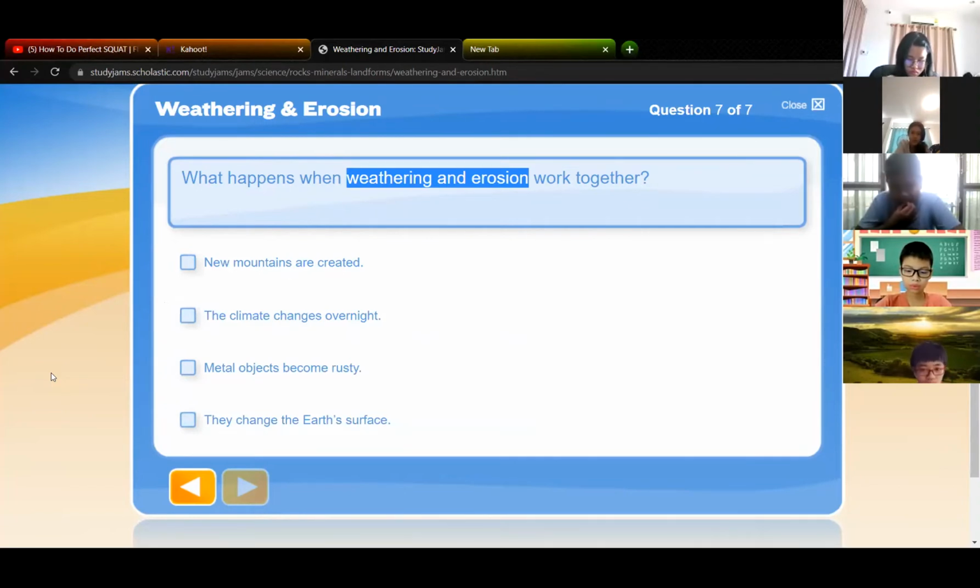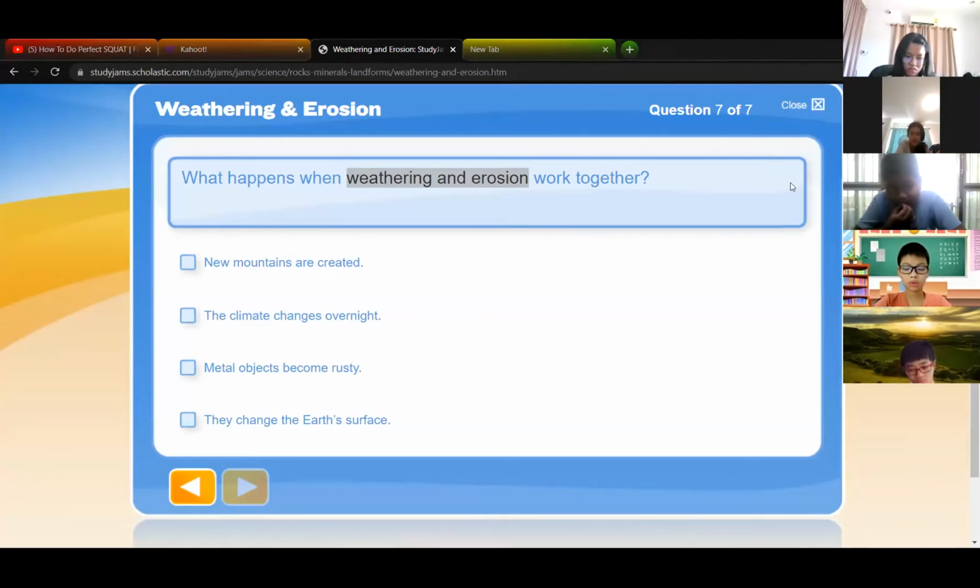What do you think is the answer? Satawit, number 23. It's okay if your answer is wrong, okay? I think a lot of you answered wrong on this exercise, so don't worry. Yes, Satawit, go ahead. They change the Earth's surface.